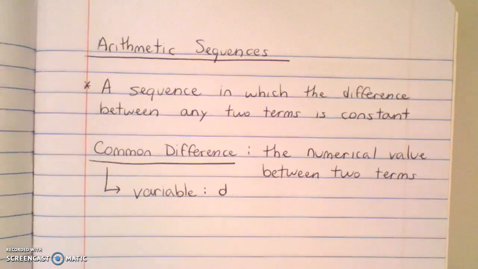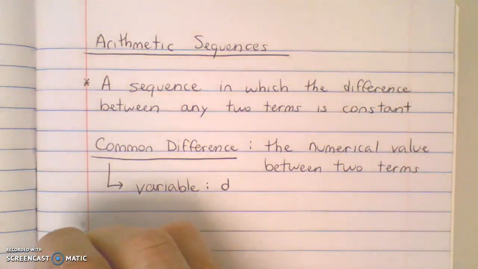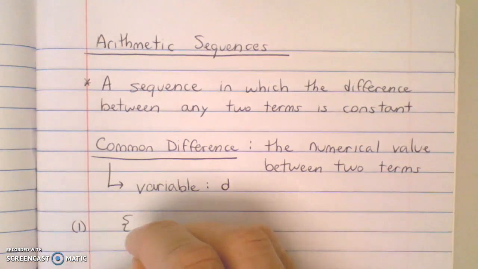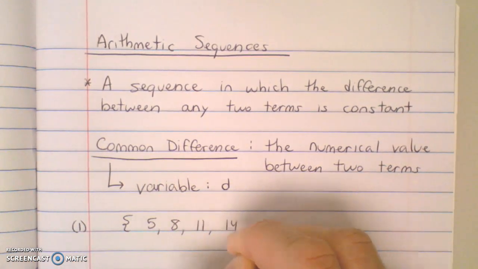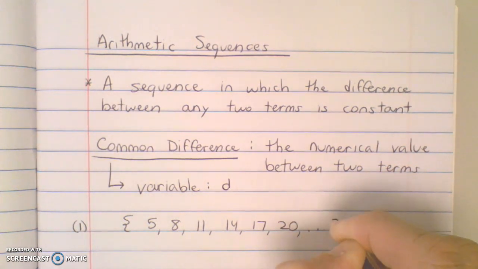So remember, in a sequence, you're going to have a list of numbers. Let's say I gave you this sequence: 5, 8, 11, 14, 17, 20, and then dot, dot, dot. It continues on forever.